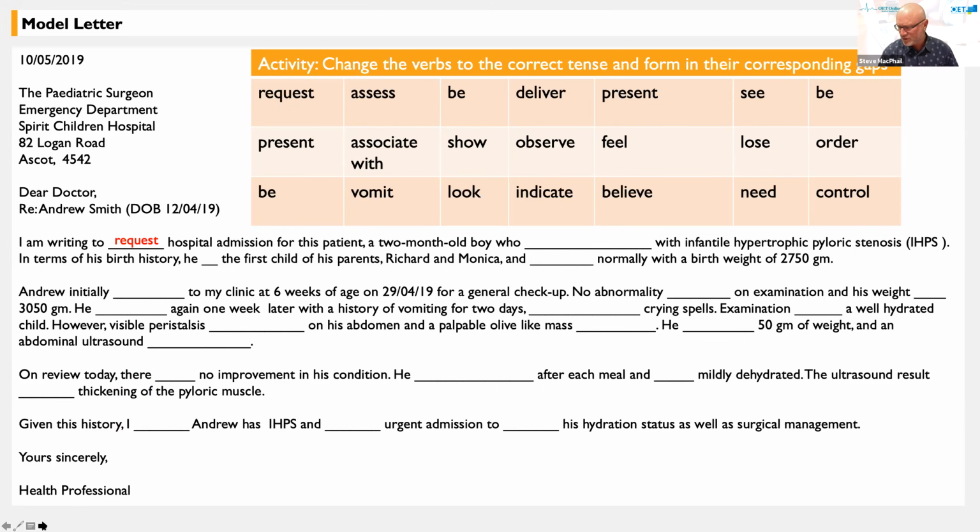I'm writing to request hospital admission for this patient, a 2-month-old baby boy who, they've got this word assessed, who, something with infantile hypertrophic pyloric stenosis. Now we've got a second word here, so I want to use passive voice, everyone.